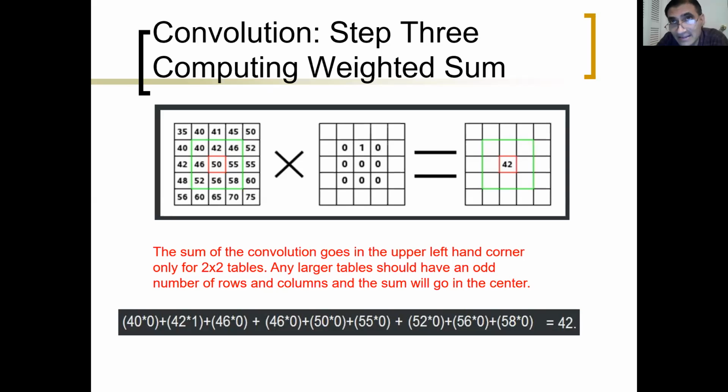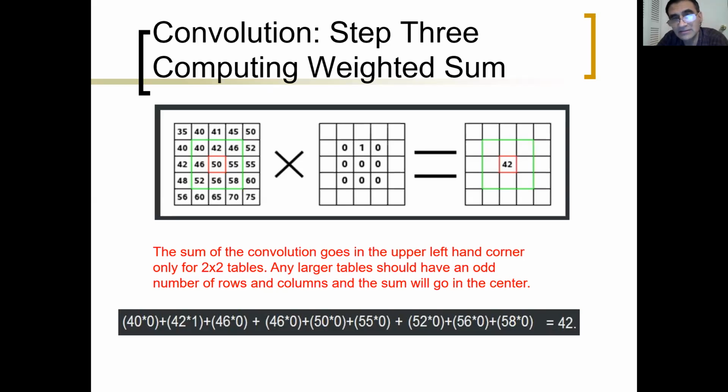Now, a weighted sum means you put a weight, W-E-I-G-H-T, in front of every number before you compute the sum, okay? And so you're taking a weighted sum of the second table. So the second table is seen as the weights, and the first table is the table that you're applying that set of weights to. And then you're going to add up the weighted sum and get a number back, okay?